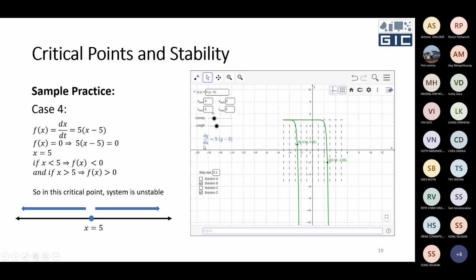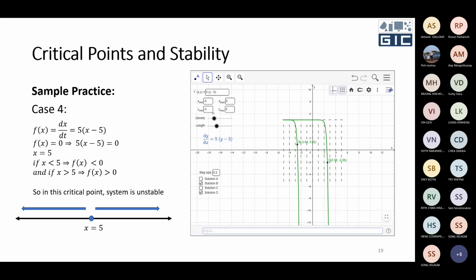It's the same case, just a different variable. This is the value we call the critical point or stable point. Our system flows from the stable value, trying to leave the critical point. It means that our system is unstable.